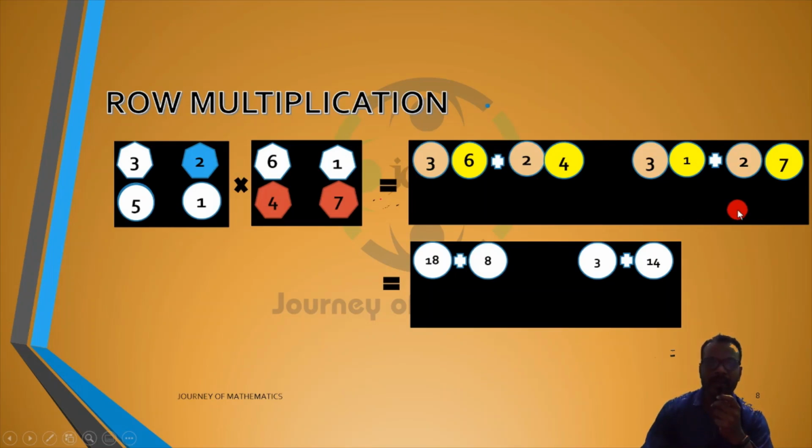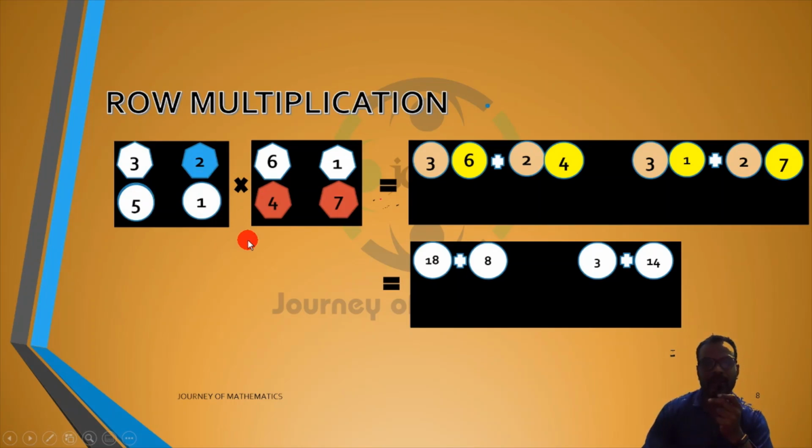Now I have multiplied the first element and second element of the first row. Now come down to the second row in the first matrix. So still the multiplication is pending with the first matrix. Now the remaining elements are 5 and 1.